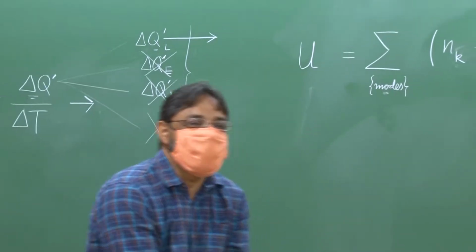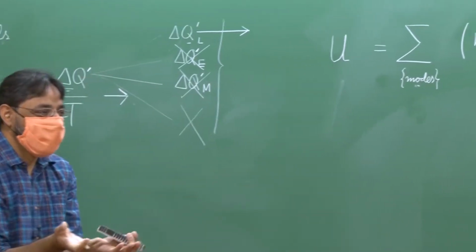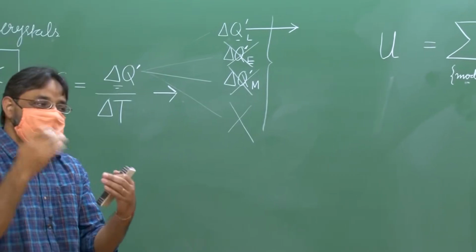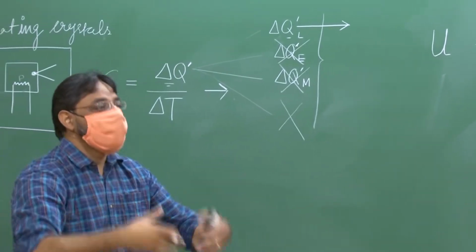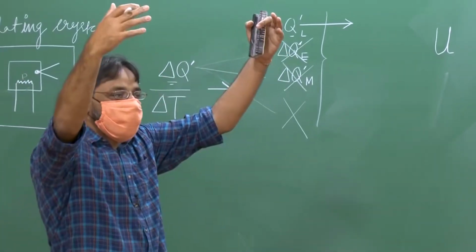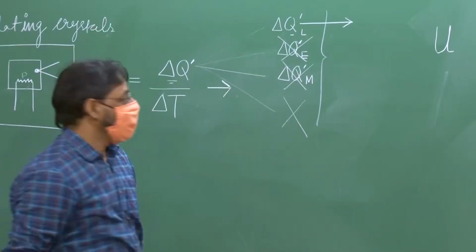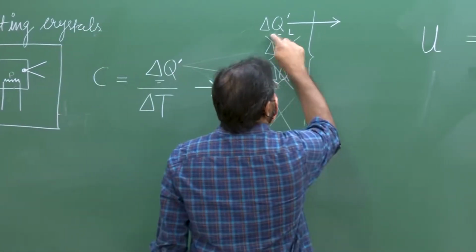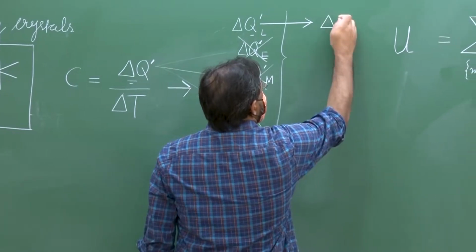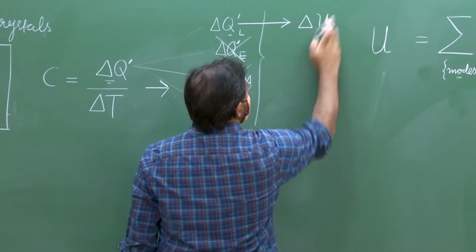It cannot take heat, it cannot do anything to that heat. It can increase its temperature by having more and more phonons, by exciting these modes to higher levels. So therefore, delta QL will be equal to delta U. Do you agree with me or not on this?